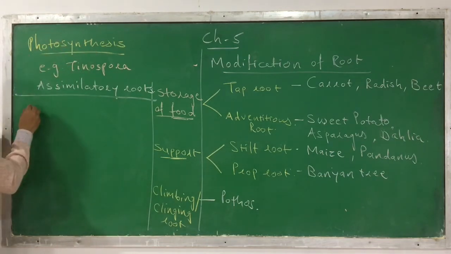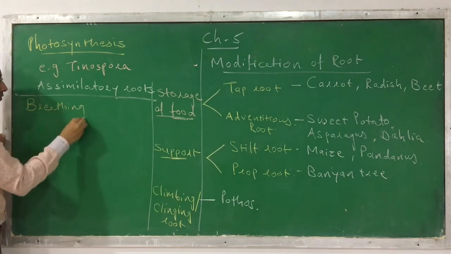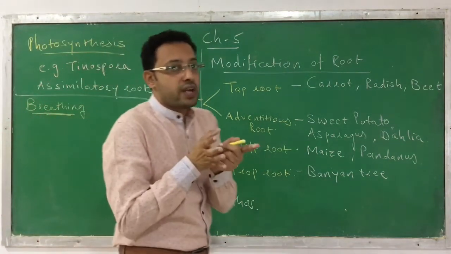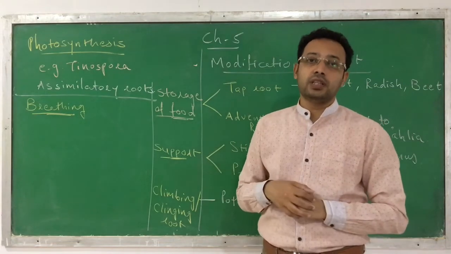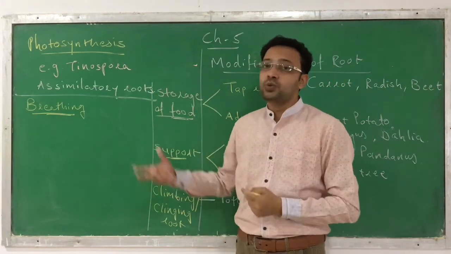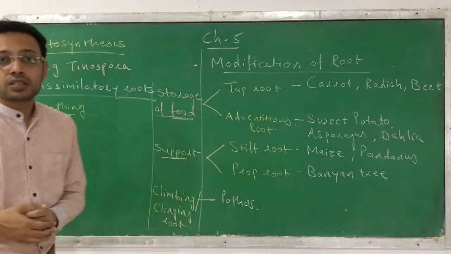Now the another function is called breathing. When roots penetrate the soil, they can also take up oxygen from the soil. No doubt it can also take up oxygen from the leaves, but the roots also help in the absorption of gases from the soil.